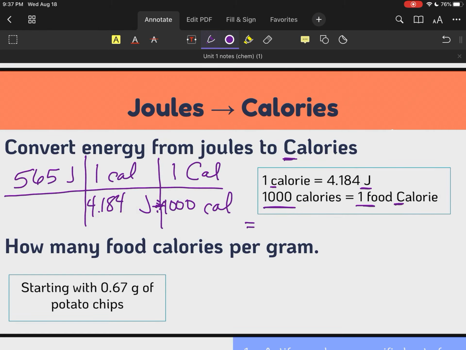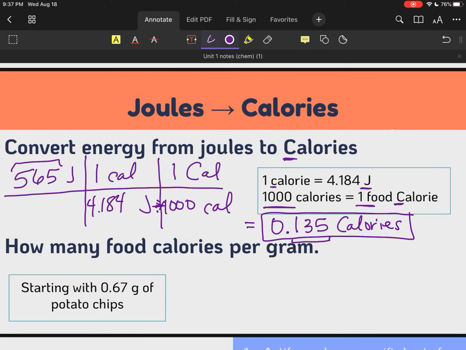Or you can just make sure you hit the divide key. So I got 1.35 calories. Okay, and I maintain my significant figures here. I have 3 significant figures here, so I have 3 significant figures here.